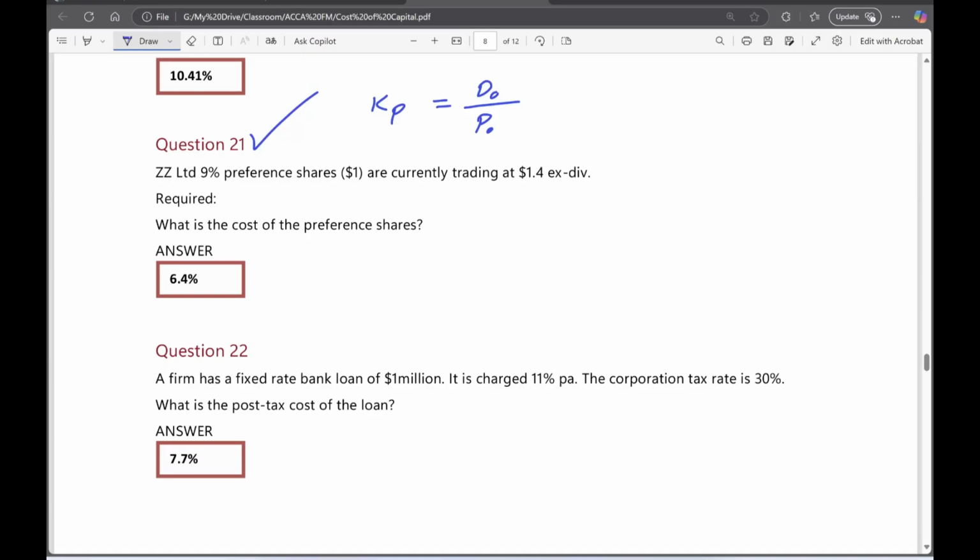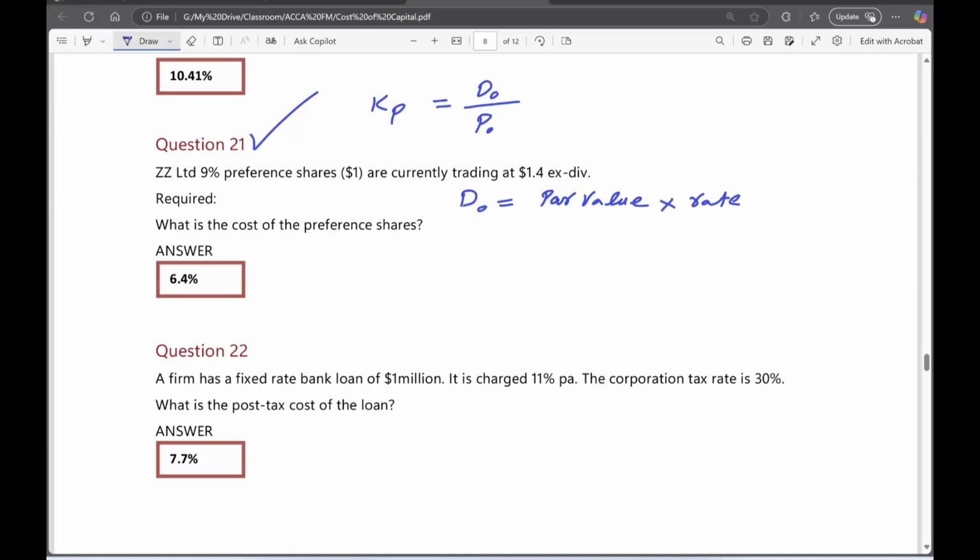But once again here, D0 means the dividend amount, interest amount. And how will you find it? Simple. Again, you have the par value. You have to multiply the par value with the dividend rate, coupon rate, whatever rate you have.